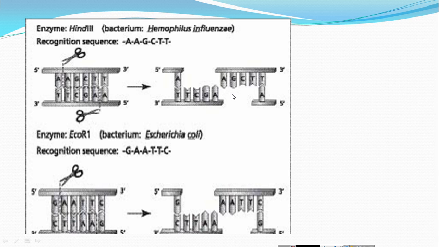So it produces two unequal ends. Likewise, there is another restriction enzyme, EcoRI. Again, it originates from the bacterium Escherichia coli and it recognizes the sequence GAATTC, and it cuts specifically between G and A in order to produce fragments of DNA.